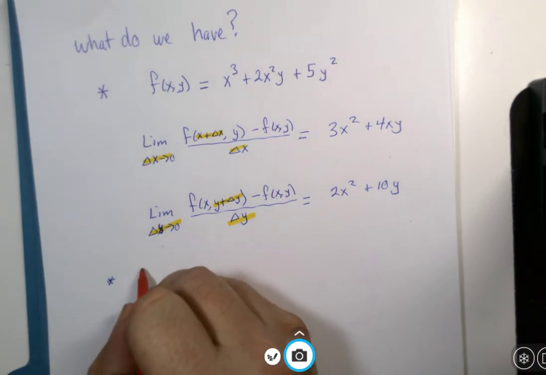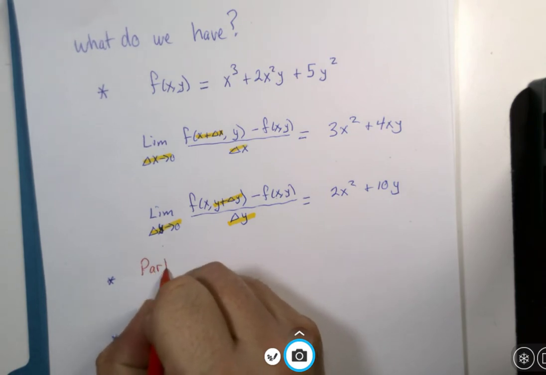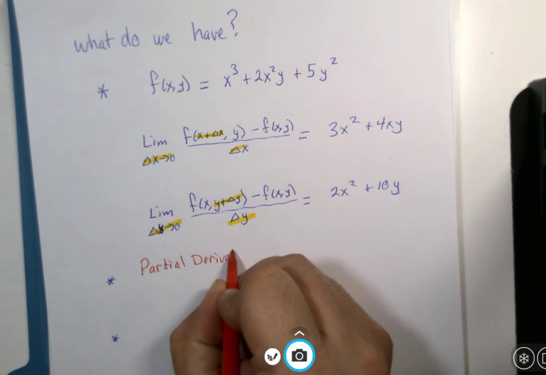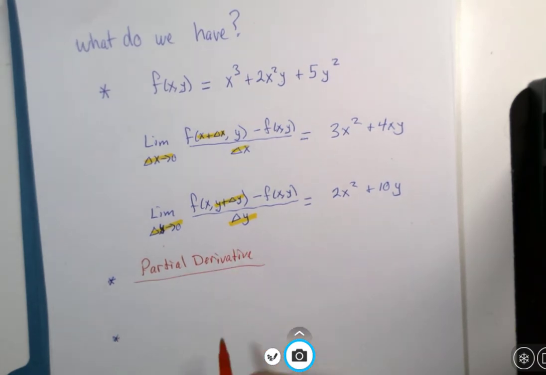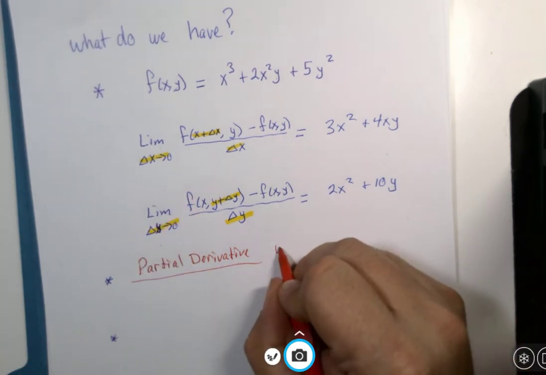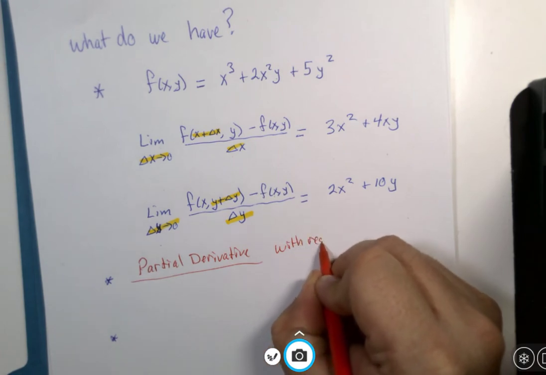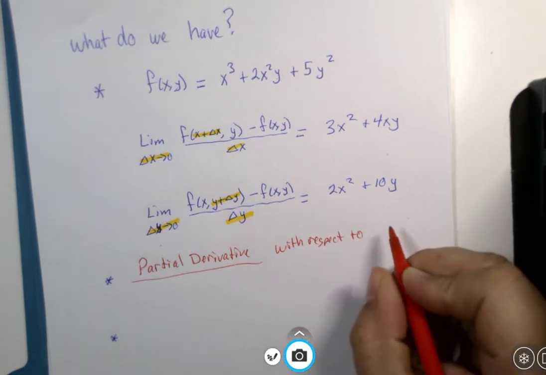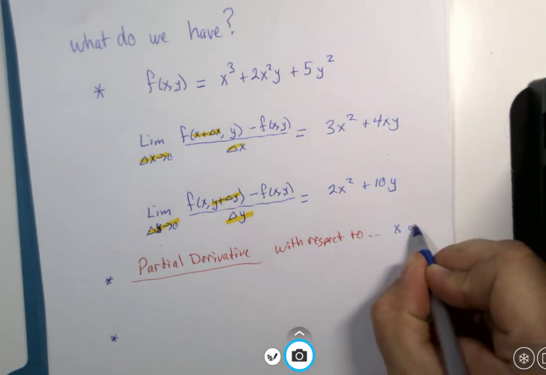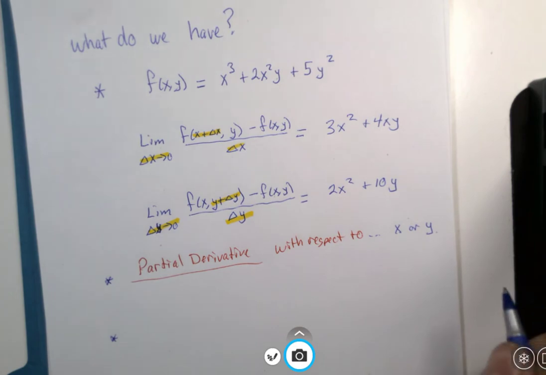What we're calculating here is a partial derivative. There's a reason it looks like the definition of a derivative, and I hope it's sort of obvious why they call it a partial derivative. We only did one of the variables each time. So it's a partial derivative with respect to, and then it was either x or it was y that we chose to do.